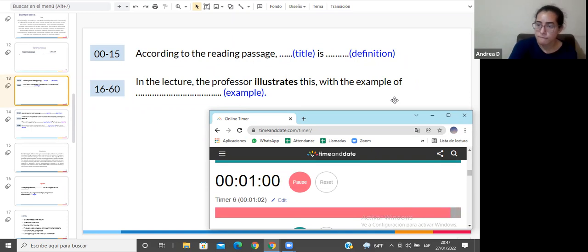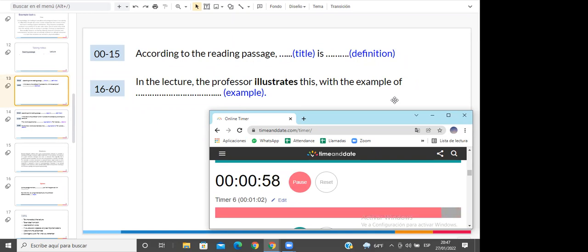Okay. According to the reading article, target marketing is like a marketing that targets a smaller audience. In the lecture, the professor illustrates this with the example of commercials about cell phones.